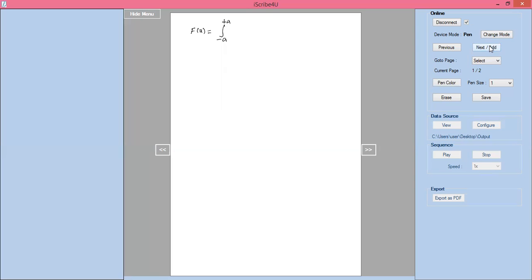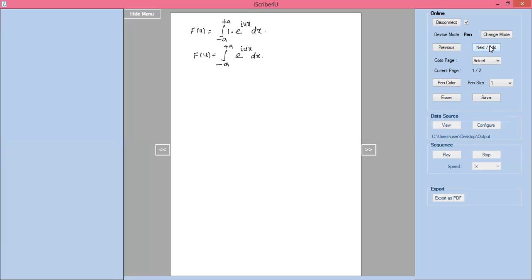Remaining places should be 0. f(x) should be 1, into e^(iux) dx. Now 1 into e^(iux) is just e^(iux). So F(u) equals the integral from minus a to plus a of e^(iux) dx.